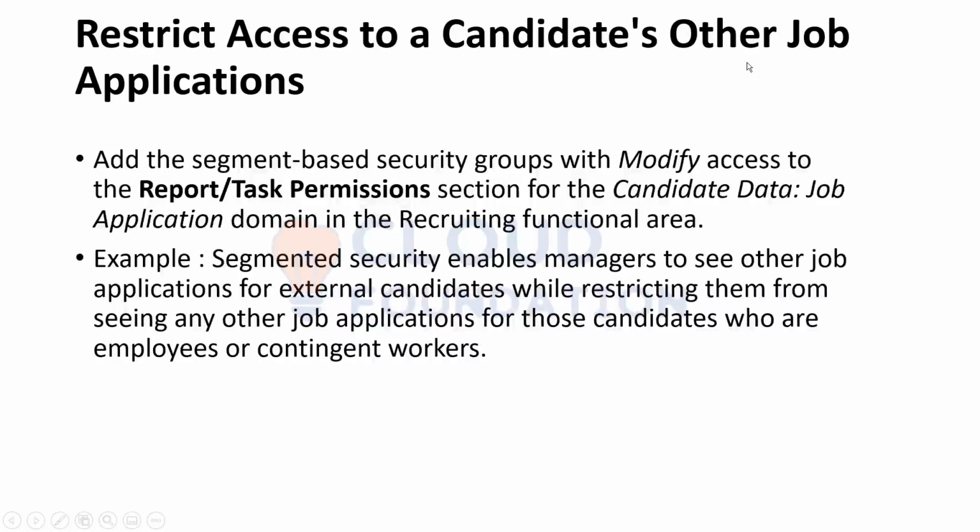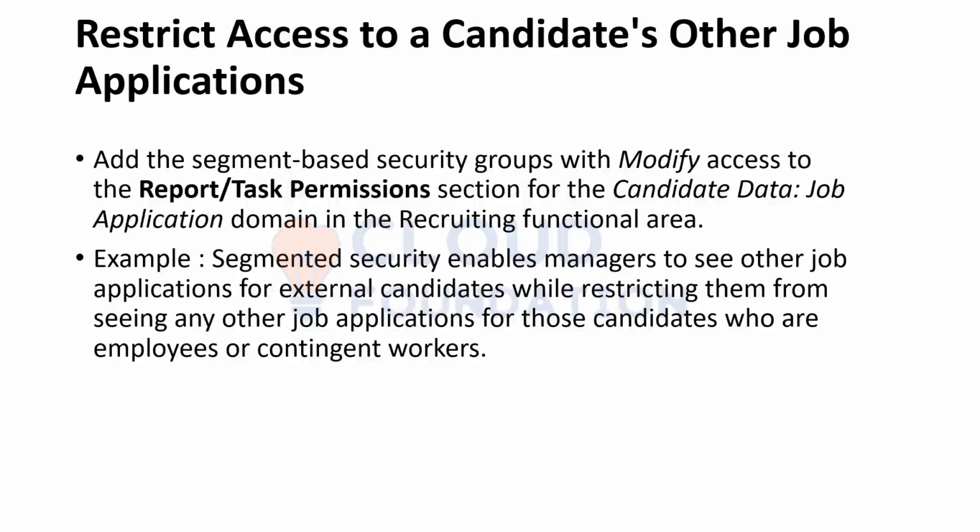other job applications. So by this, what we mean, take an example, we are talking here about the candidate's other job application domain. Only this domain we are taking into consideration. So let's suppose if a manager has the access, okay, and we want to restrict his access of not seeing the job application of every kind of candidate, okay, then this function is applied.